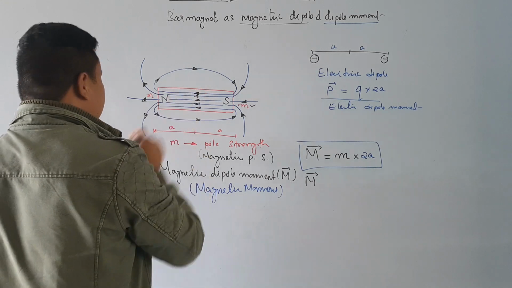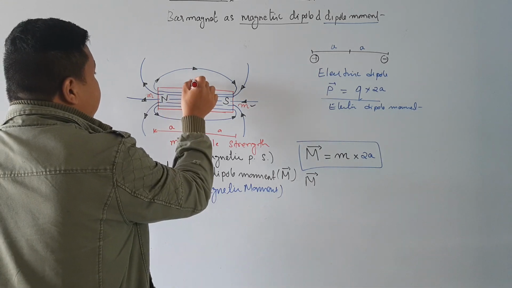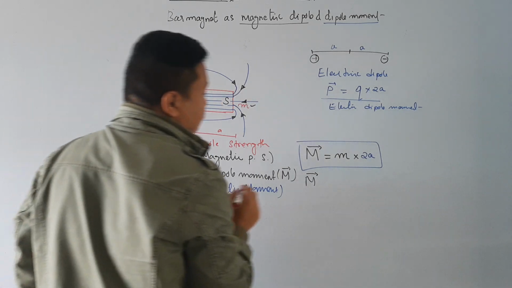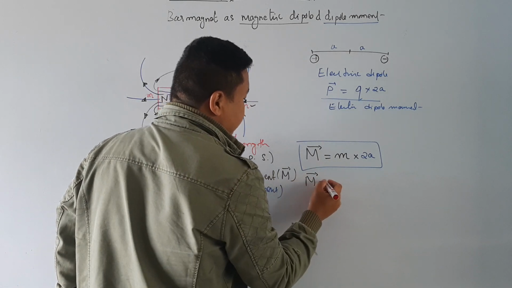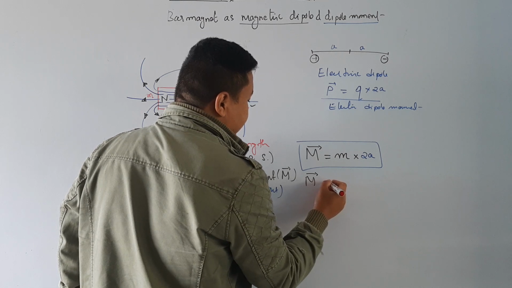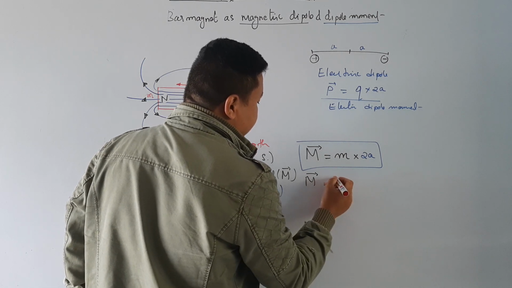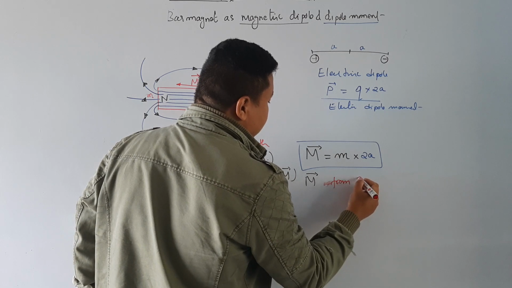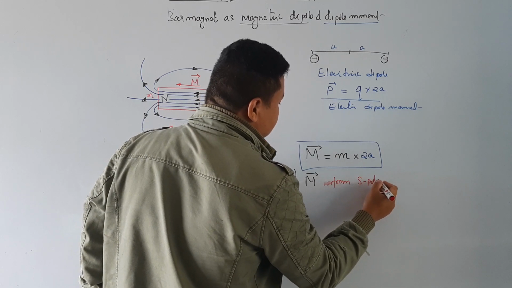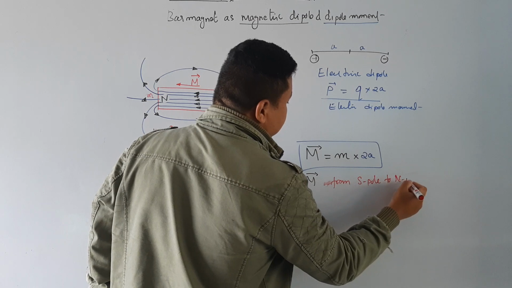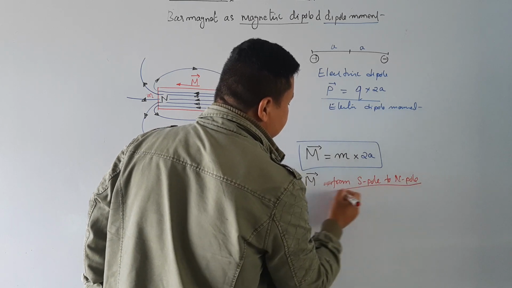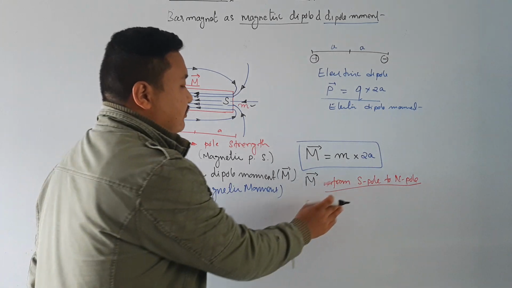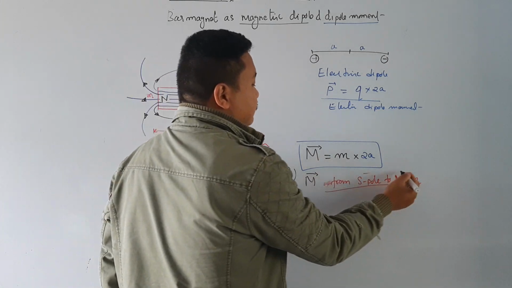So here I will write this M. What is the direction? The direction of dipole moment is from south pole to north pole. So this is how you say the direction of magnetic dipole moment is from south pole to north pole.